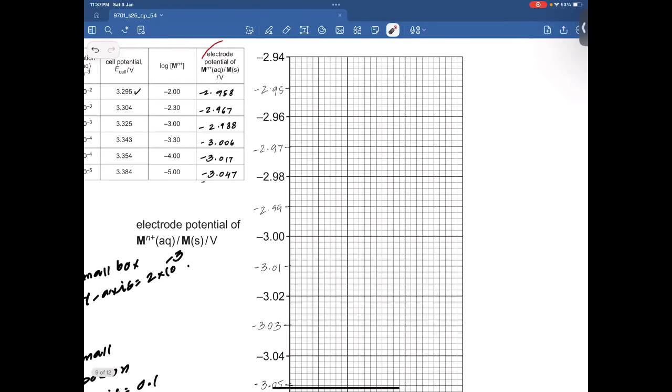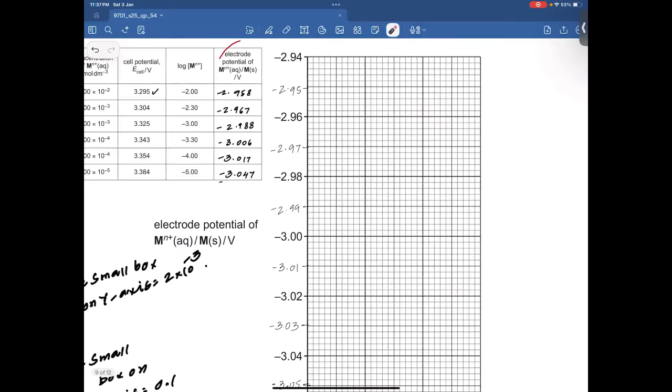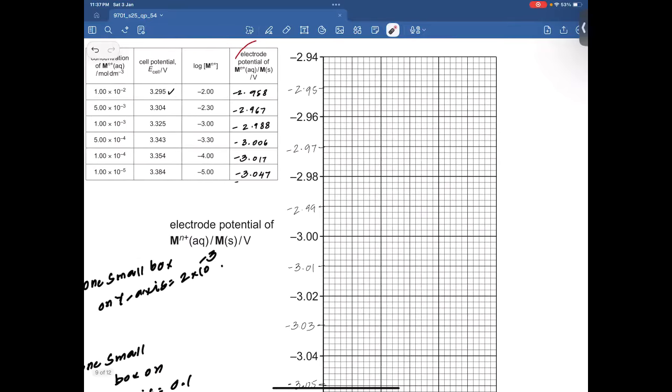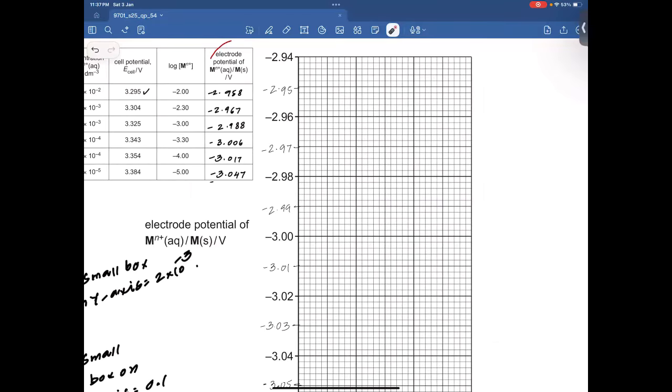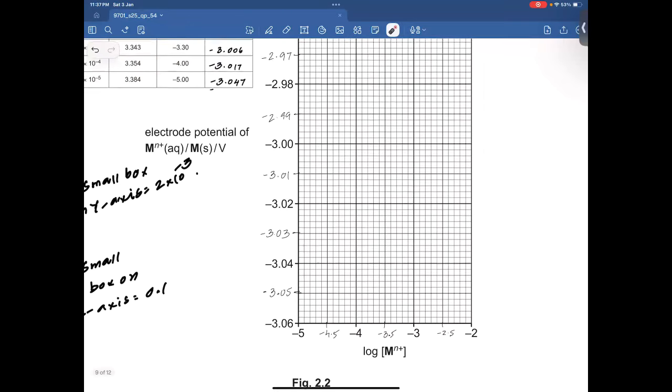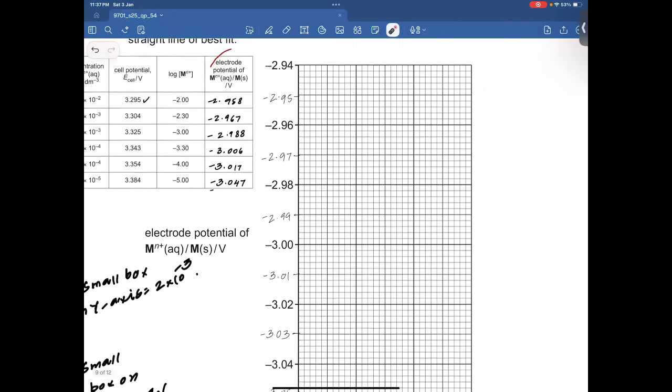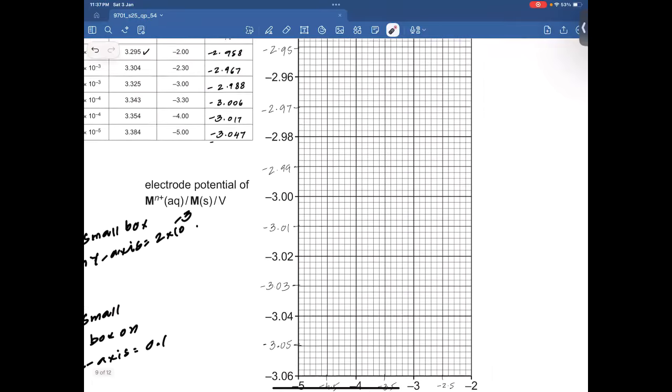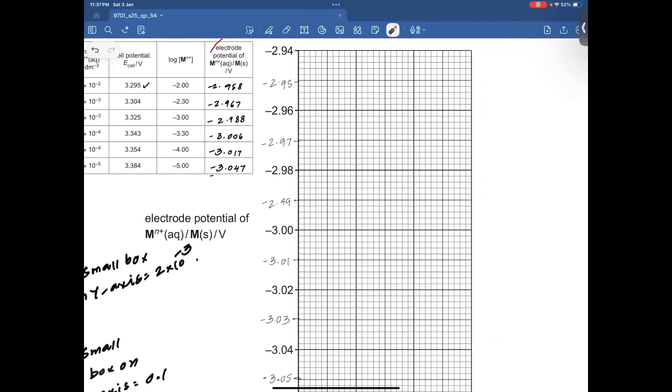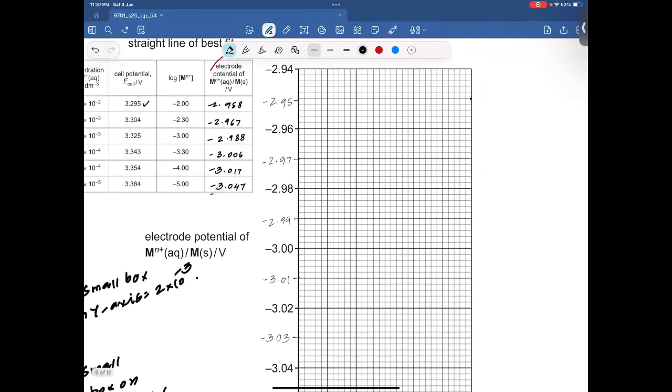Anyway, when we have 3.295, log M, when we have minus 2, the value is minus 2.95. Hold on, let me calculate. 2.95 plus 2 exponent minus 3.